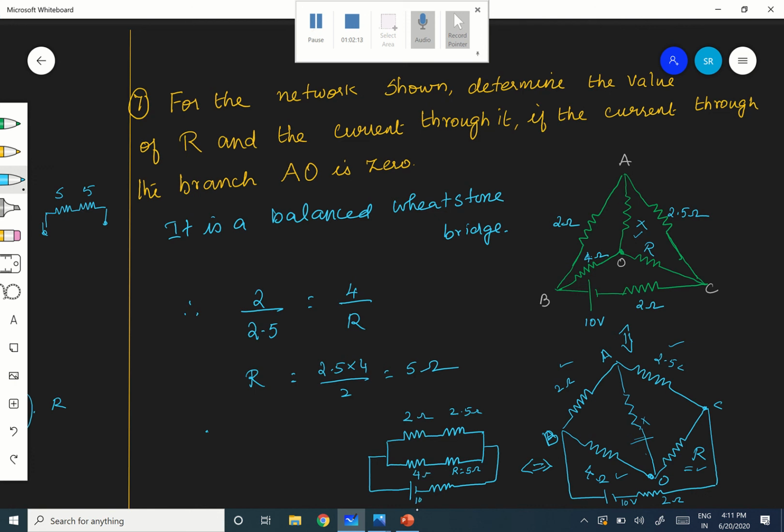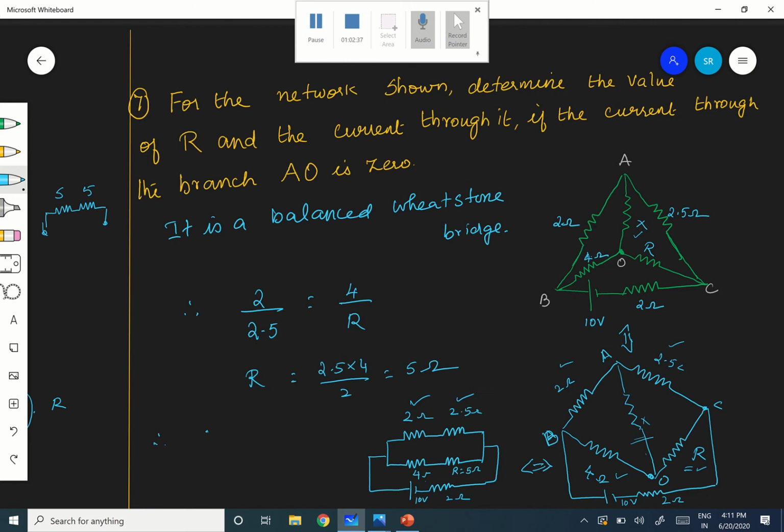And this is 10 volt, and this is 2 ohm. Therefore, 2 and 2.5 is 4.5. And here 4 and 5 is 9. 4.5 and 9 are in parallel.